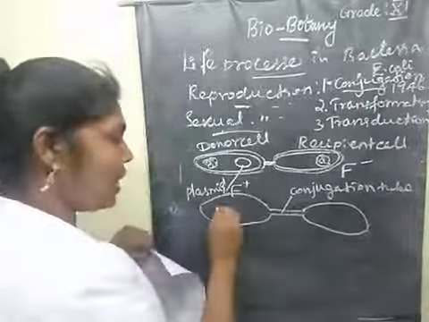Next, how is the DNA strand transferred from one cell to the next cell? Here, the plasmid is a double-stranded DNA structure. Clear?